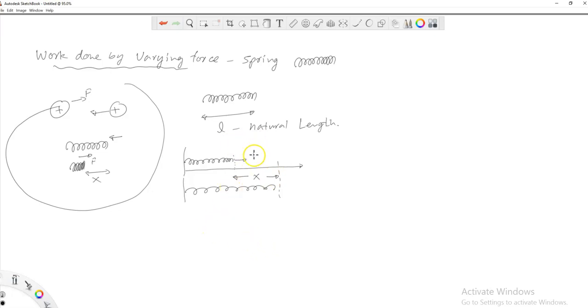So you can apply a force and do this. Or you can do the opposite. You can apply a force on the spring in the other direction and compress it like this. So now the spring is compressed. Originally it was here. Now it was compressed by a length of x. So this time you are applying a force this way.